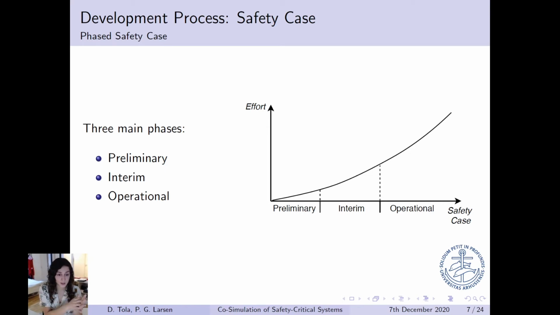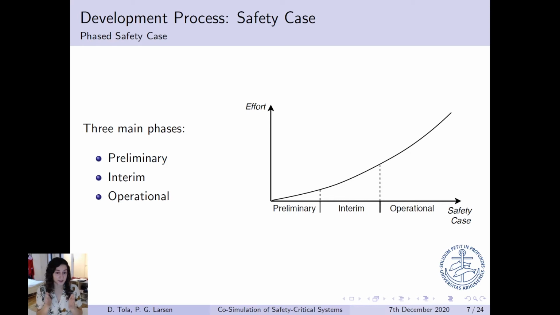While in the operational safety case you would actually need to focus on everything, and I believe that co-simulation can be used there with, for example, software in the loop. So instead of needing to go and test your software in the physical system, you can try testing it in a co-simulation.